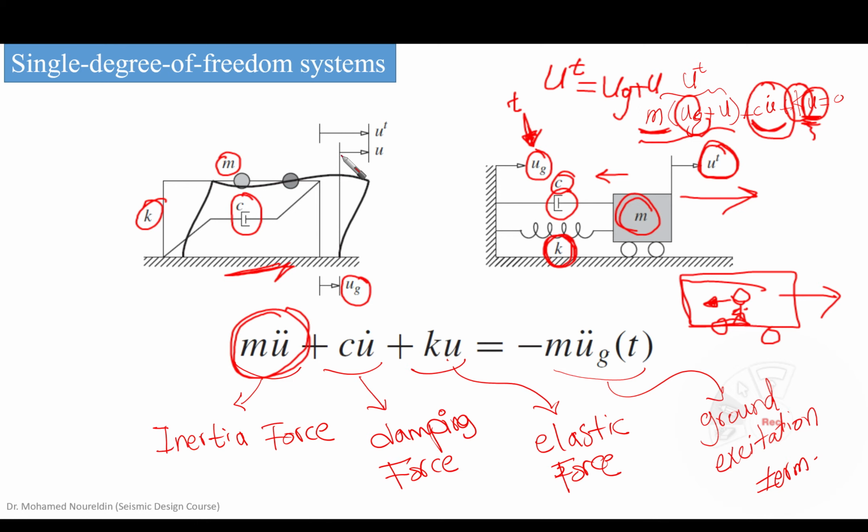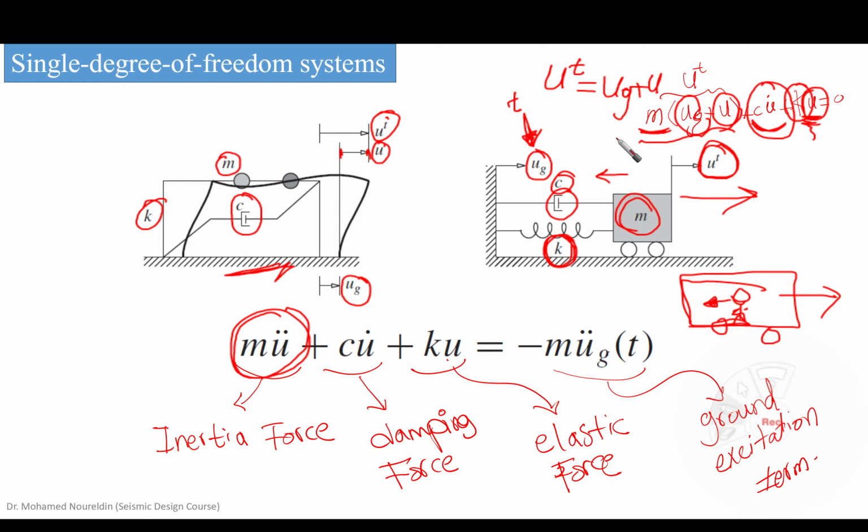This deformation from here to here we call the relative displacement, which I put here in our equation. And at the end, the summation of UG plus the relative U is U total.